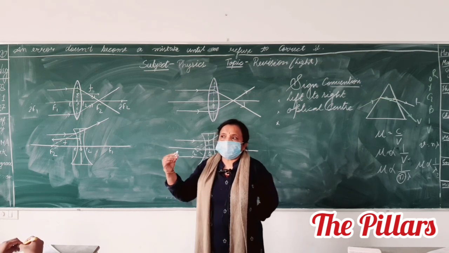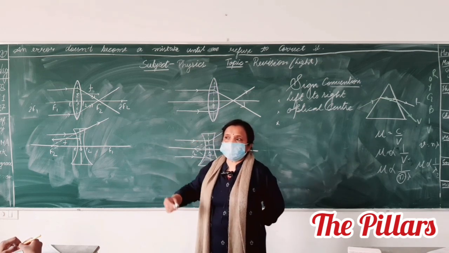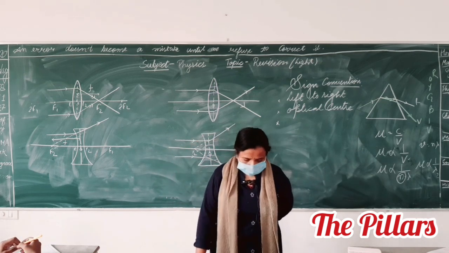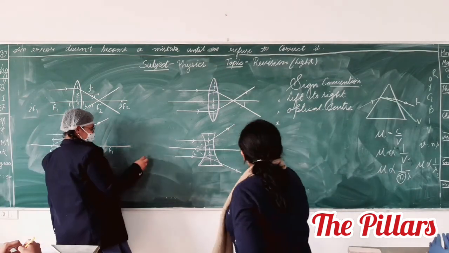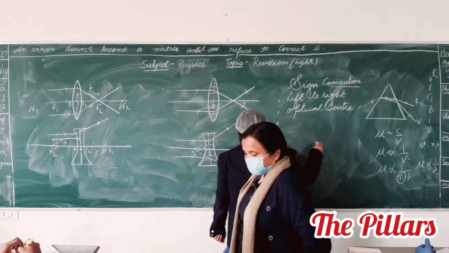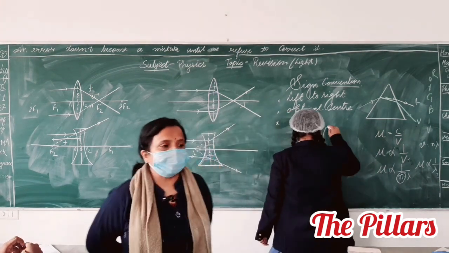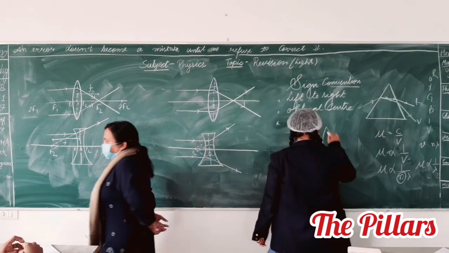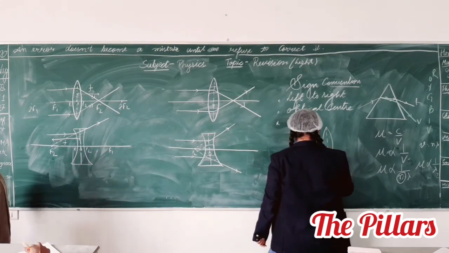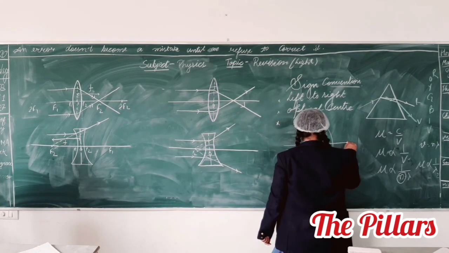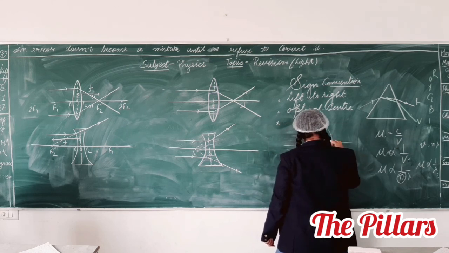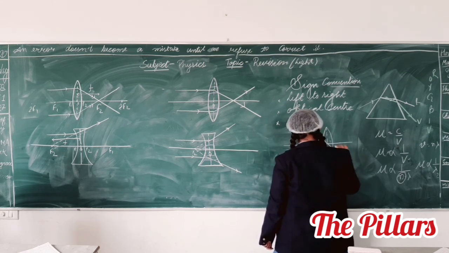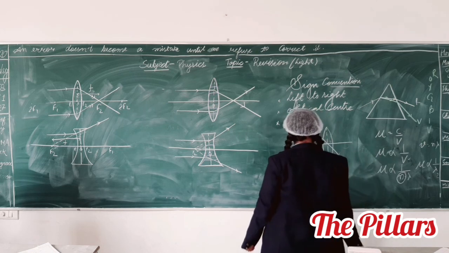Passes undeviated. Can you please draw the figure? Draw it here. Now you define again. The figure is in front of you, you define again.